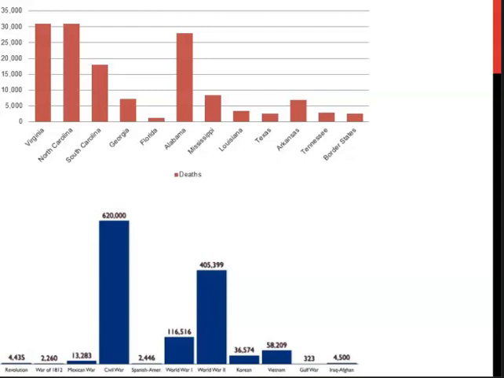That's the bottom chart. If we look at the top chart, we can see by state, Virginia, North Carolina, 30,000, Alabama, 28,000. Massive amounts of deaths within the United States. Like I said earlier, it completely changed a whole time period, a whole generation of American history.